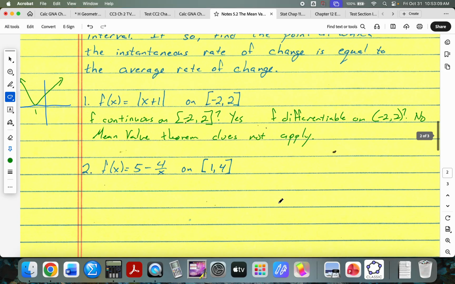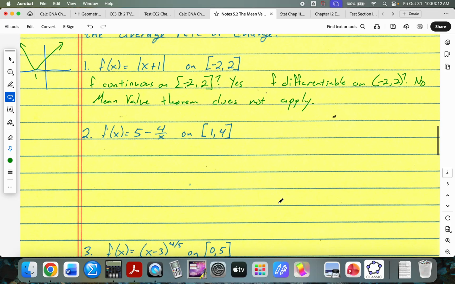All right, let's take a look at this next one. So f of x is equal to 5 minus 4 over x. I really don't know immediately what that looks like, but where does this one have a problem? Where is this function undefined? Yes, at x is 0, because 4 divided by 0 is undefined.